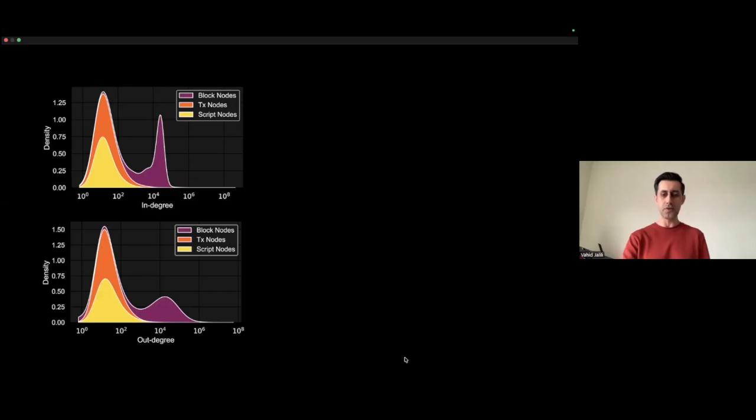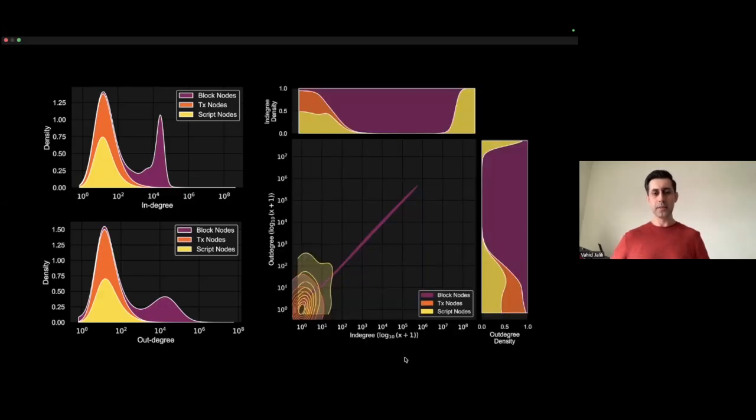The script nodes usually have very low ones. This plot also shows the correlation between the in-degree and out-degree of every node. Do nodes have a higher in-degree compared to their out-degree? Are they receiving a lot of transactions without generating a lot of output transactions? This plot explains that.